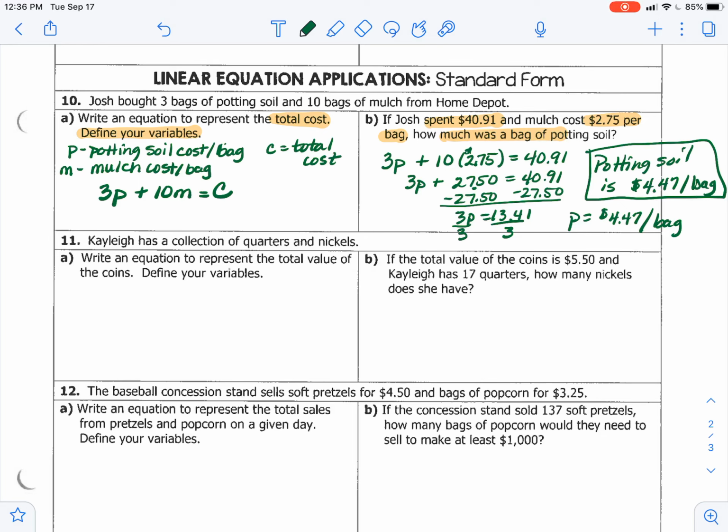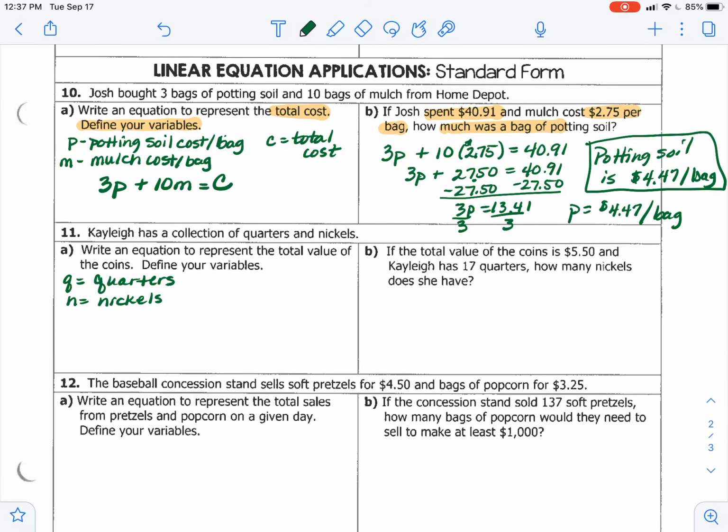So next one, Kaylee collects quarters and nickels. So write an equation that will represent the total value. So again, I'm going to go Q is number of quarters, N is number of nickels.